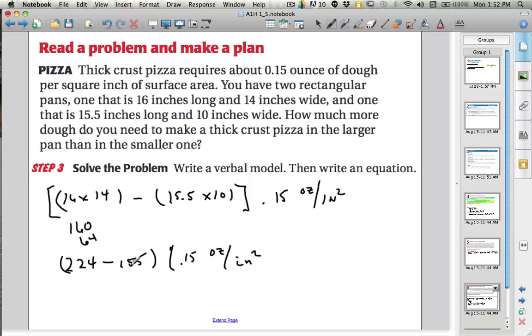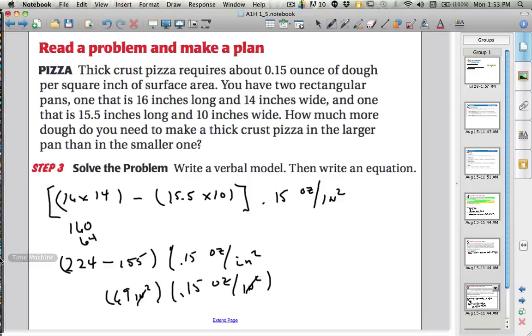This is, of course, going to be in inches squared, so this is all in square inches. So 224 minus 155 is going to be 69 square inches, times 0.15 ounces per square inch. So I know my square inches are going to cancel and I'm going to get ounces.